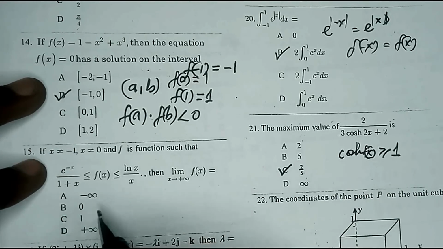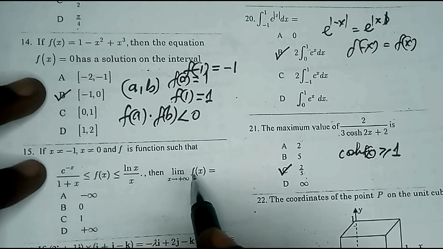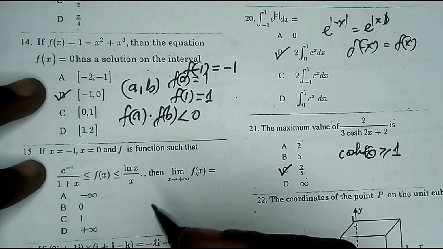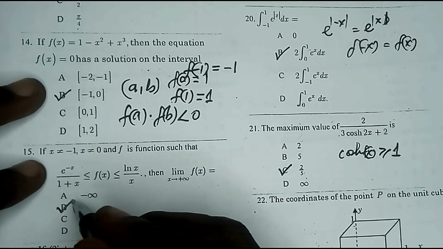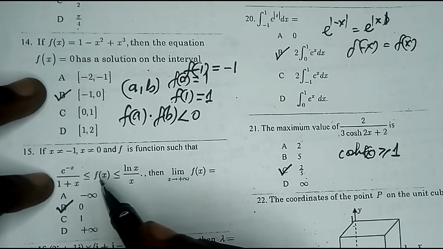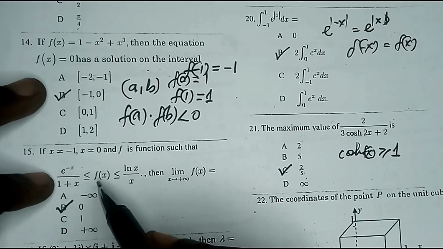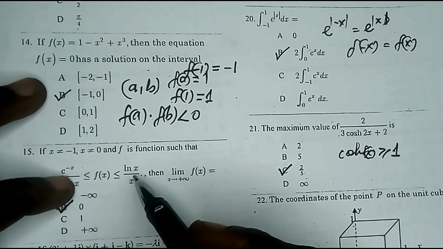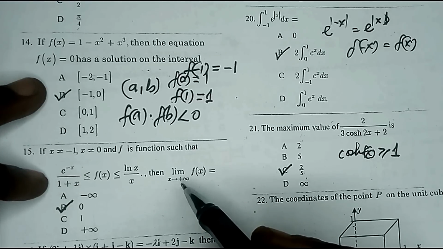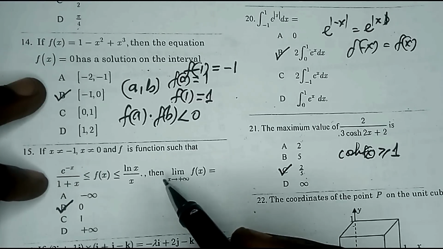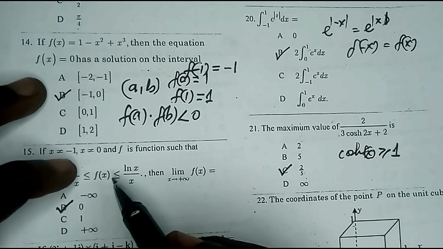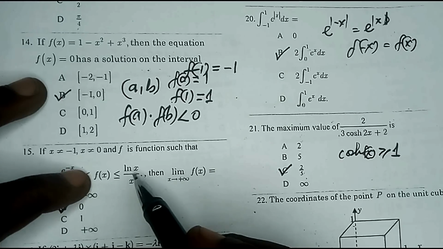And this other one, the answer is B. How do you get it quickly? First thing, you notice that when f of x lies between two functions, the limit as x tends to whatever value should be gotten easily if we can apply the sandwich theorem.